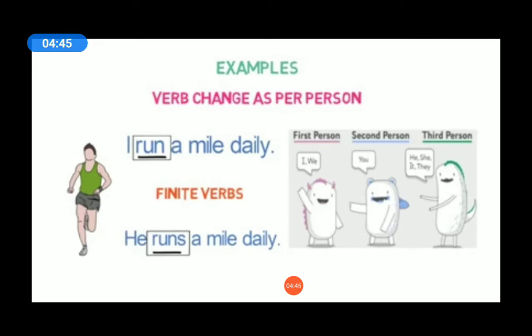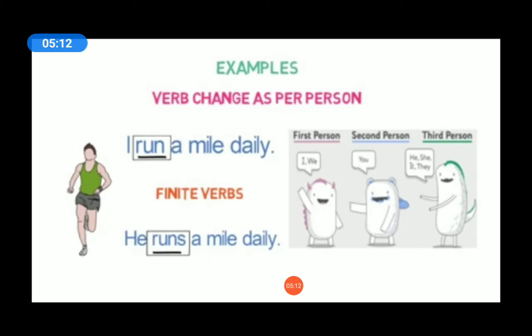Here I will show you how a finite verb changes as per the person of the subject. I have written here an example, I run a mile daily. Here the first person I is used, that's why I have used the verb run. When I change first person into third person, he, the verb also changes.